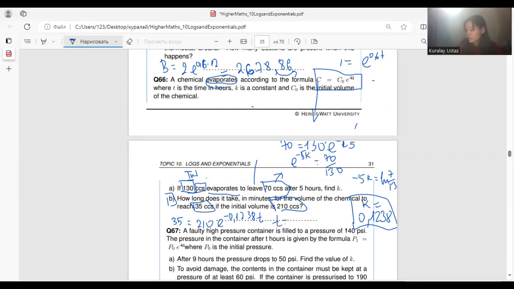So T will be equal to 14.273, but that's not the answer because T is given in hours, but we need to give the answer in minutes. So multiply it by 60. The answer will be this, 868 minutes.